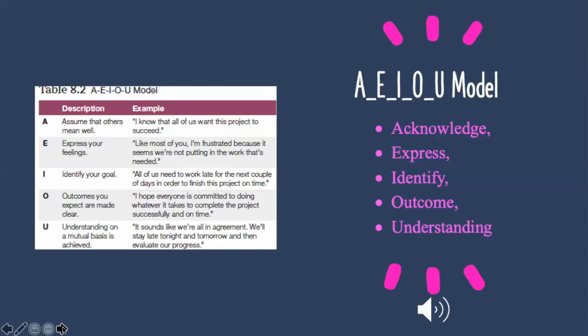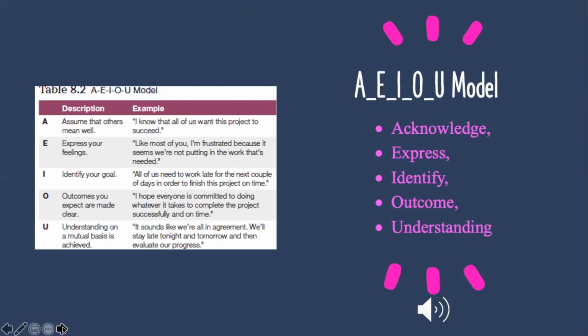The E has to do with expressing ourselves, expressing our feelings, making sure that we understand our position and make sure we are using good emotional strength and not being too needy or overly emotional in expressing our feelings correctly and appropriately.